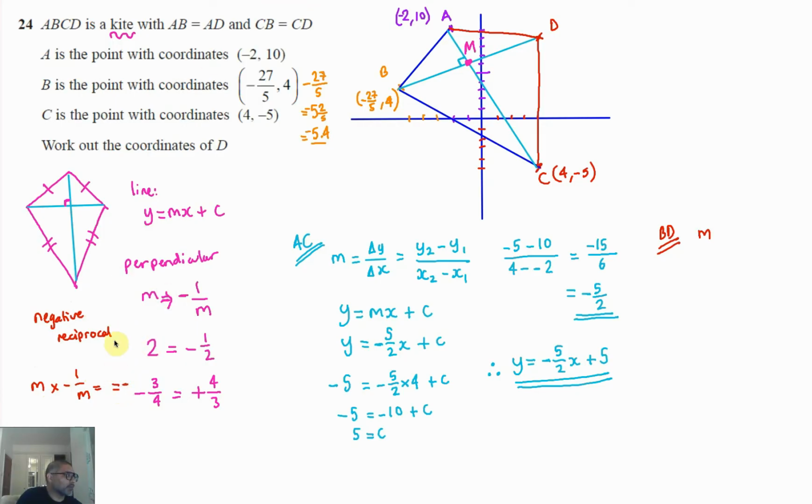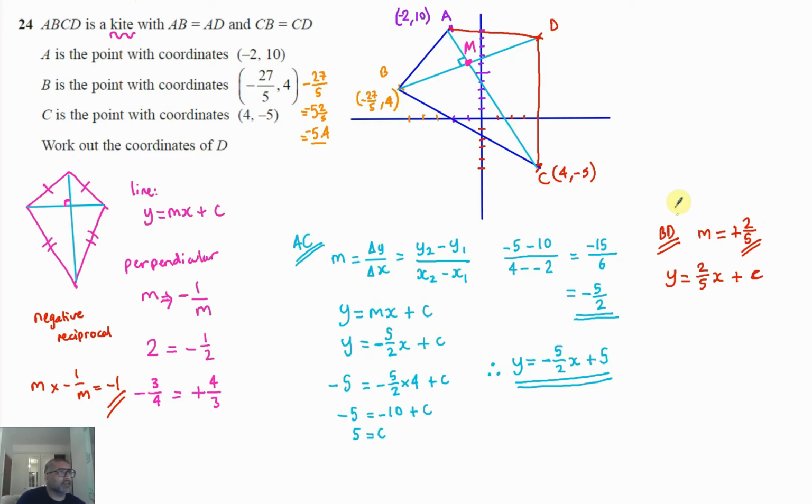Sometimes if you need to prove that two lines are perpendicular, if you multiply their gradients together, you should always get the answer -1. So our gradient here will be the negative reciprocal of -5 over 2, which will be plus 2/5. So it's going to be y equals 2/5 x plus c.